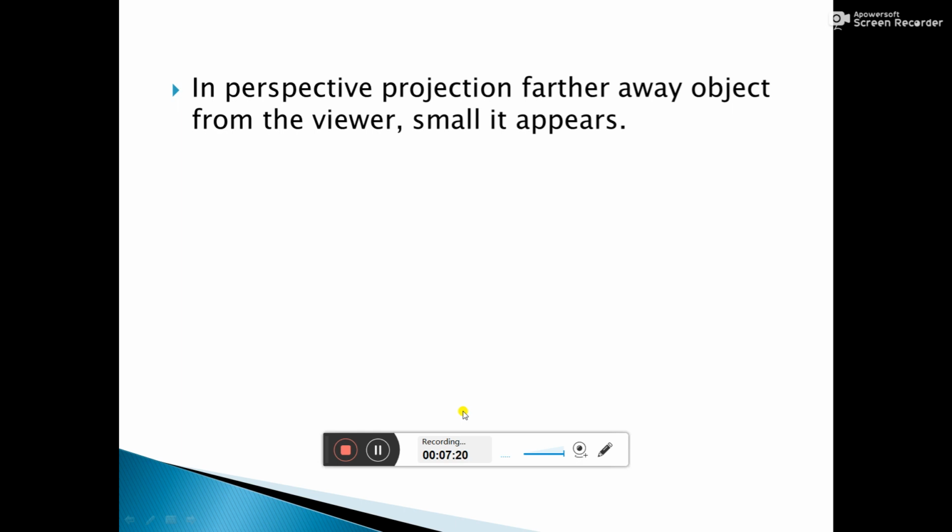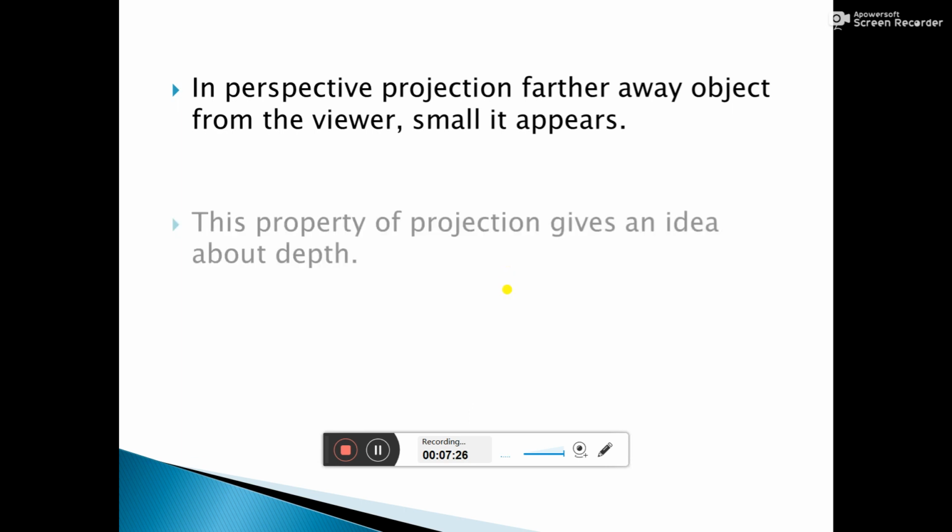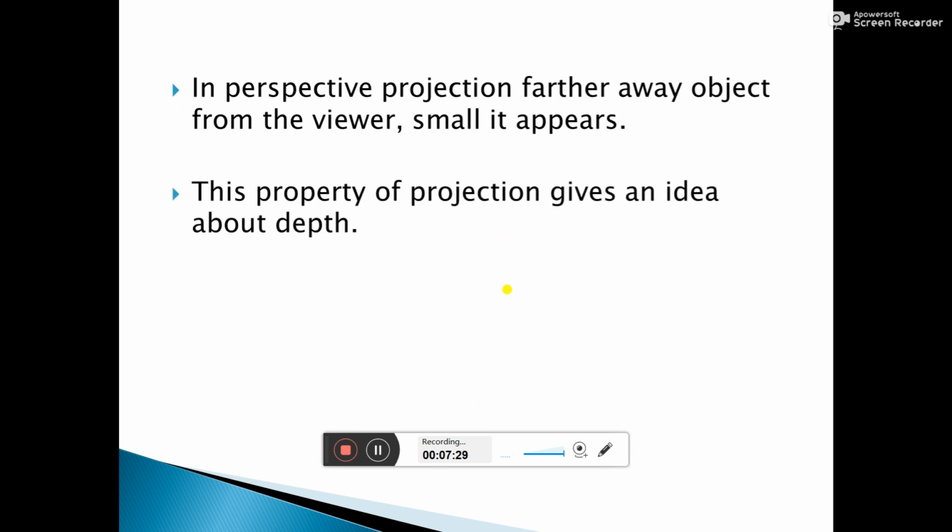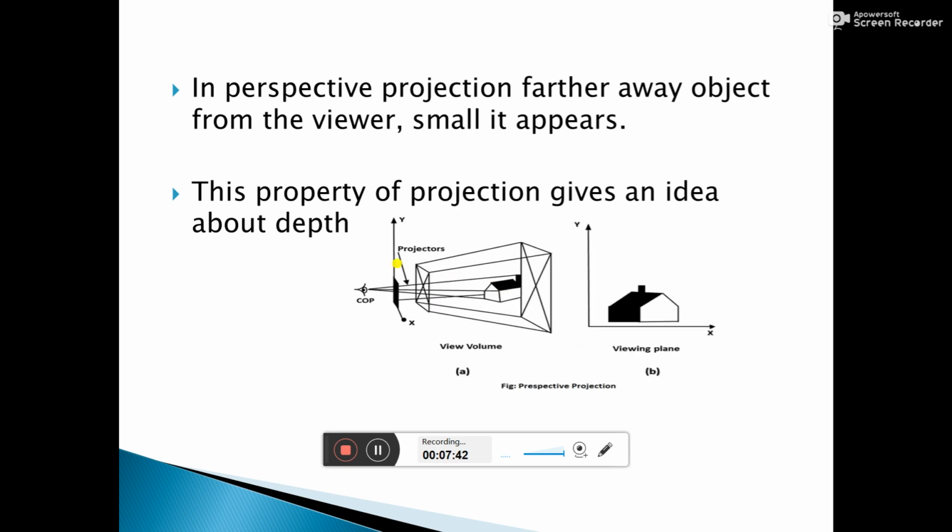In perspective projection, farther away objects are displayed as smaller. When the distance increases, the object size decreases. When the distance decreases, the size of the object will increase. This property of projection gives an idea about depth. See this diagram. When the distance from projection to object is large, the image will be small.